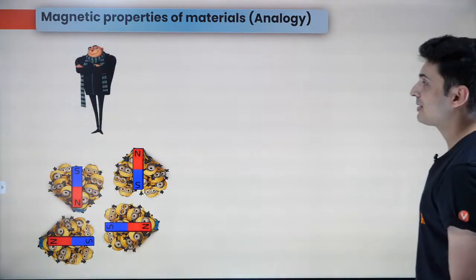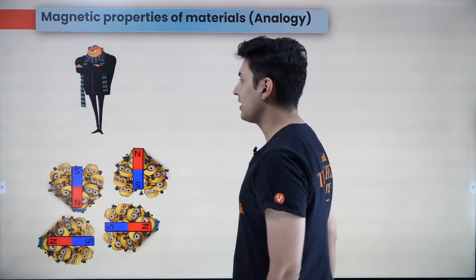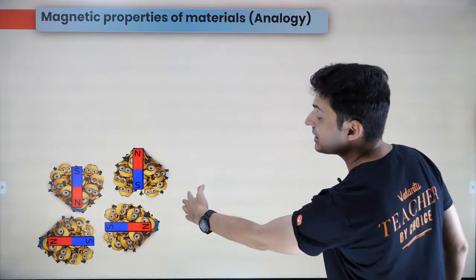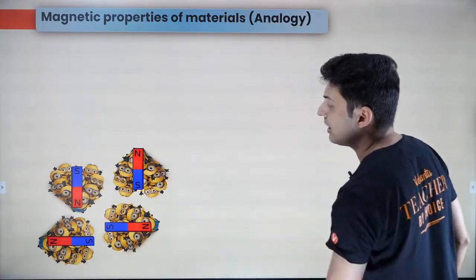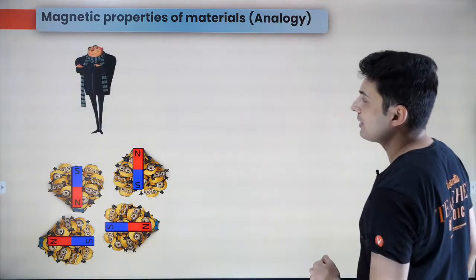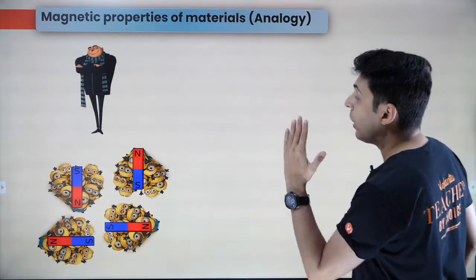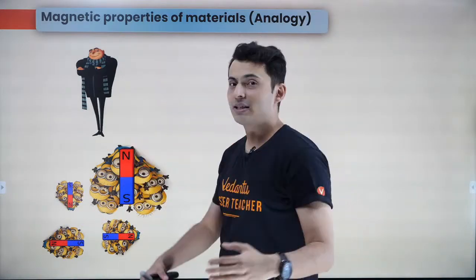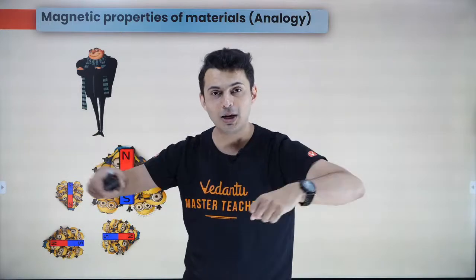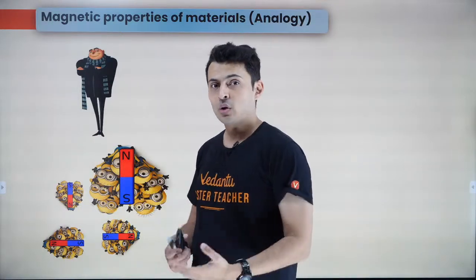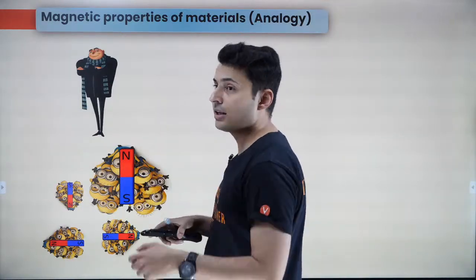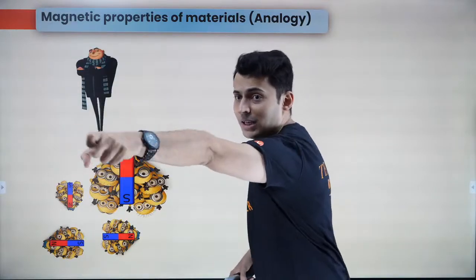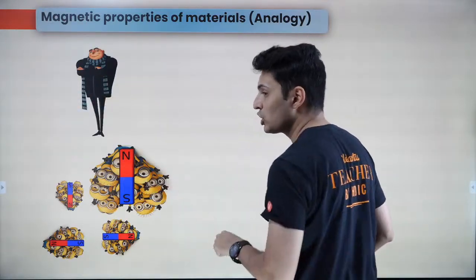Now, what happens when you have an external agent coming in? Before that external agent came in, these domains were randomly arranged. The moment an external agent comes, guess what happens? All those domains pointing in this direction towards him will start increasing in size. They will accumulate more and more people. It's like all the groups which were looking towards the teacher catch hold of other people: hey, come on, join my group.